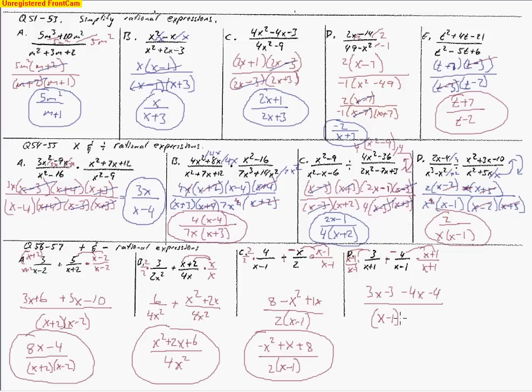X minus 1, x plus 1. So you can go ahead and collect some like terms there. Watch the signs. We've got opposite signs here, with the 3x and the negative 4x making a negative x. And we've got that negative 3 and the negative 4 combined together to make negative 7. Down below, you've got the x minus 1 and the x plus 1. And that's as far as I'd take the problem. So no canceling, so we'll just leave it like that.